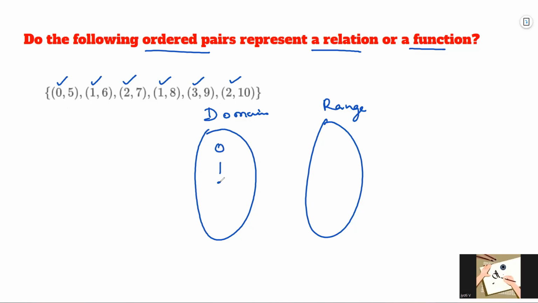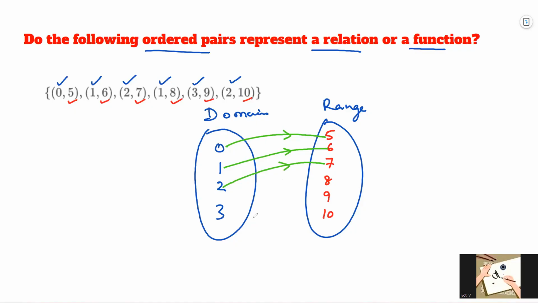These are the elements of the domain set. And 5, 6, 7, 8, 9, and 10 are the elements of the range set. Now let's see the mapping. 0 is mapped to 5. 1 is mapped to 6. 2 is mapped to 7.